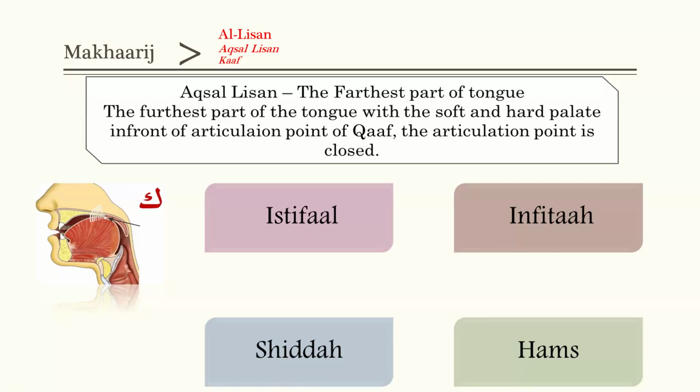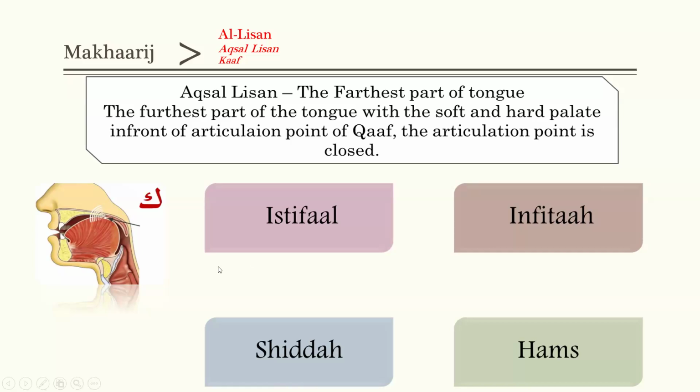Hence, it has been put in istifal. And for that, extra care must be taken when pronouncing it. Make sure you're not directing your sound towards the roof of the palate, because that would make it heavier. And if it were too heavy, you couldn't distinguish between the qaf and the kaf.